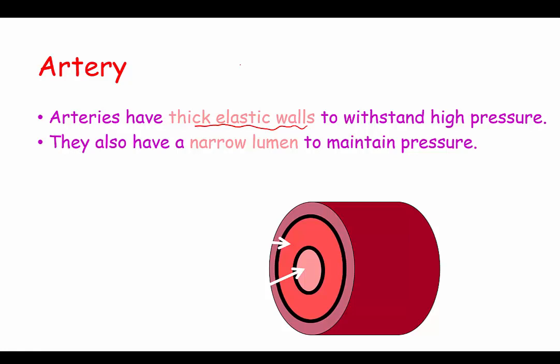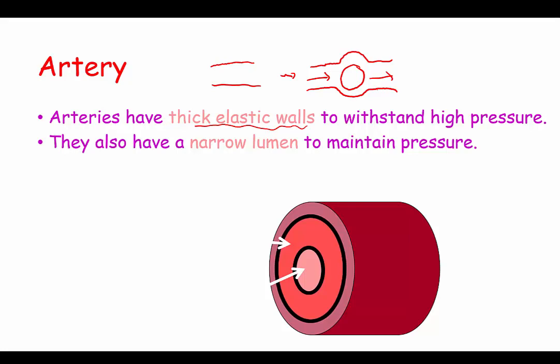So what basically happens is, if this is your artery, a pulse will move through it and you'll basically get a bulge. And that bulge in your artery is the blood that's left the heart in those little pulses. Because it's left in those pulses, they're under very high pressure. So your arteries need to be able to stretch to allow that to happen.